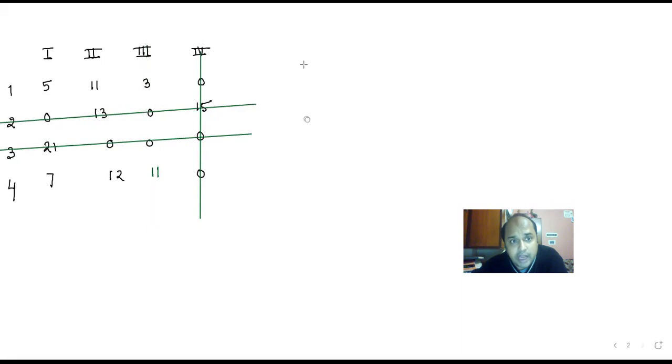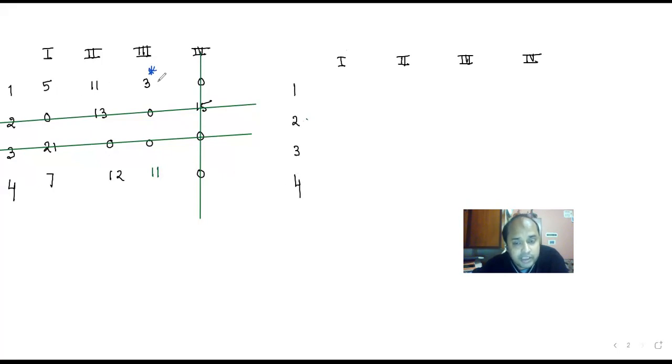The minimum uncovered element has now changed. It is now 3. So we are marking this element 3 over here, and then again we are going to construct the matrix in the previous manner.